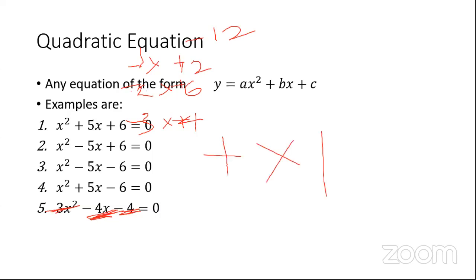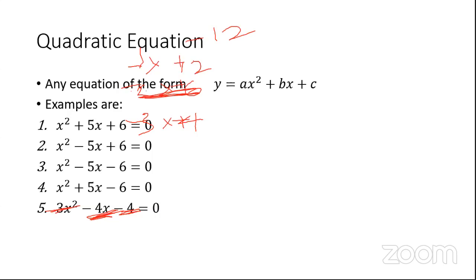So we are going to have plus 2 minus 6 instead. The last one, minus 3 plus 4, will give us plus 1, so it's not that one.